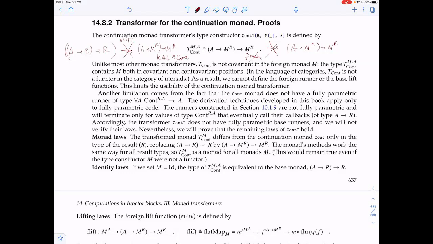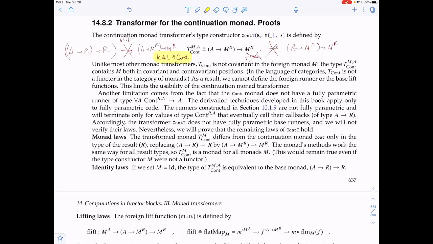So that's fine. So for this reason, stacks involving the continuation monad must usually contain that monad at the end, like this. Nothing prevents you from putting the continuation monad in the beginning of the stack, at the base of the stack, but the resulting stack will not be fully usable.